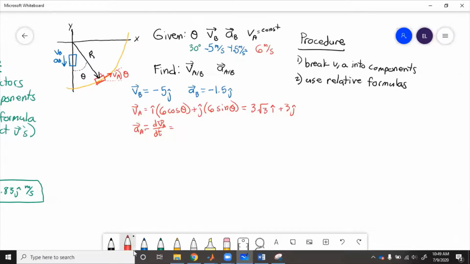So in the i hat direction, we'll have 6 times the derivative of cosine, which is minus sine, so negative sine theta d theta dt, because this is chain rule. Theta is changing, so we take its time derivative. And then we'll have plus j hat times 6 theta dot cos theta.